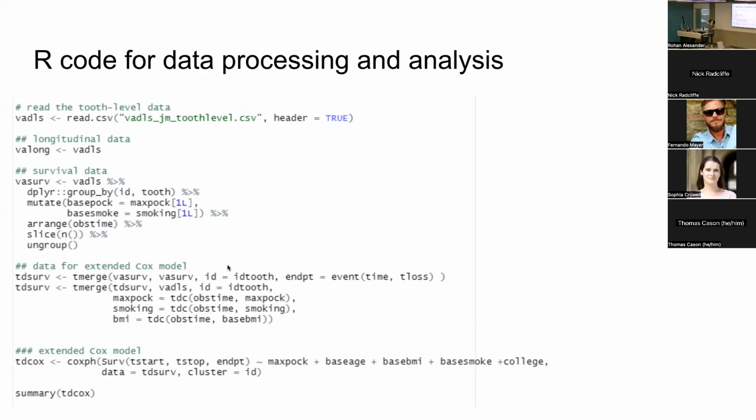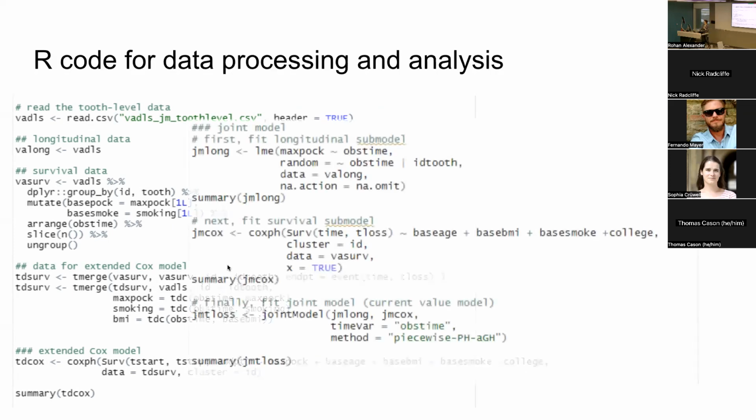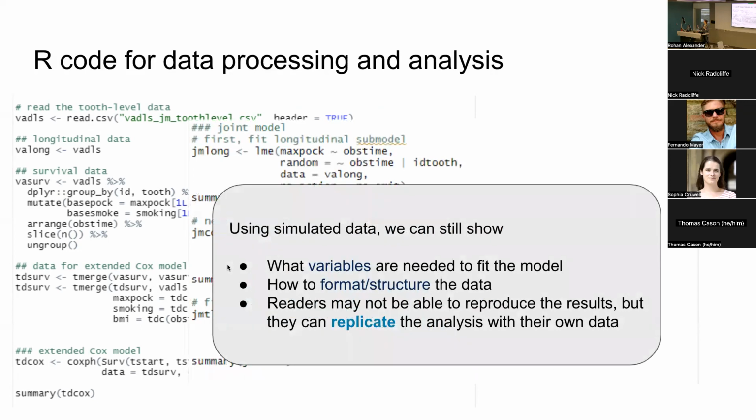So the first half of the R code is about pre-processing the data, because in order to fit this particular model, the extended Cox model, using the coxph function, data needs to be in a particular format. And so with simulated data, we can still show what variables are needed to fit the model, and how to format and structure the data.